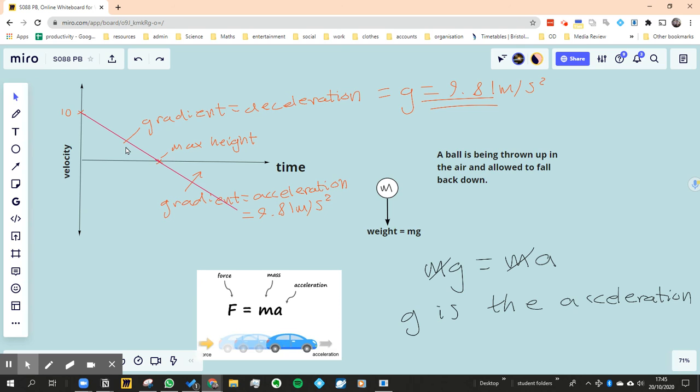Now this is only assuming there's no air resistance. If there is air resistance, it does actually change. If there's air resistance, as you get faster, the air resistance increases, and when the air resistance increases, it reduces the overall force, which means it reduces the overall acceleration when it's going down.